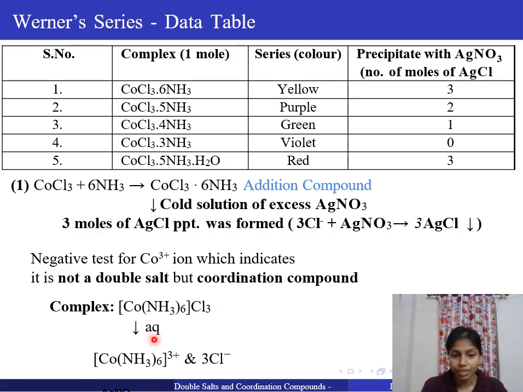When dissolved in aqueous solution, the outside portion will ionize and the inside portion will retain its identity. So 3 chloride ions are obtained, and when silver nitrate is added, 3 moles of silver chloride will precipitate out. So he gave totally a new concept of coordination compounds.